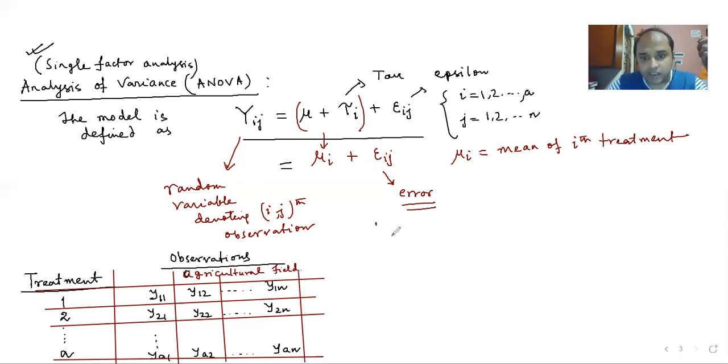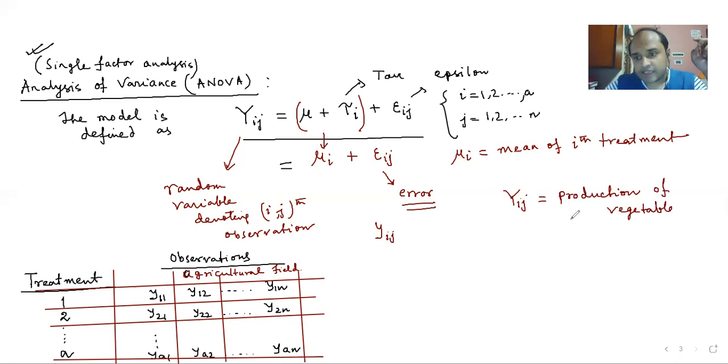So yij, written in small letters, and the capital Yij written in this particular model, talk about production. It is the mother variable, production of vegetable, and this capital Yij has several values which are denoted by small letter yij. Say for example, y11 gives you the production of that vegetable in the field in cell 11.